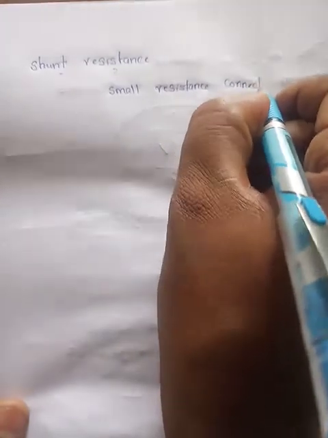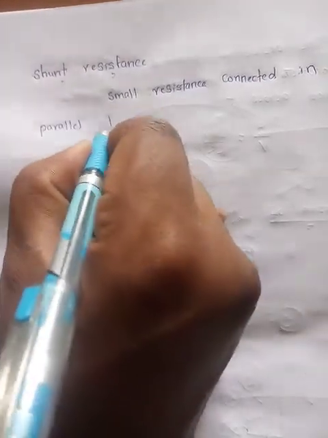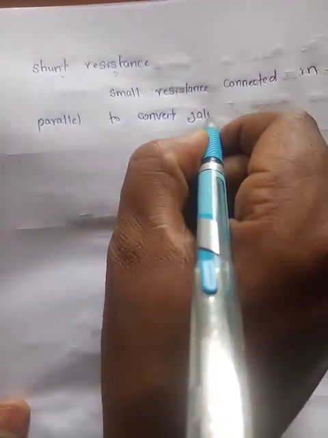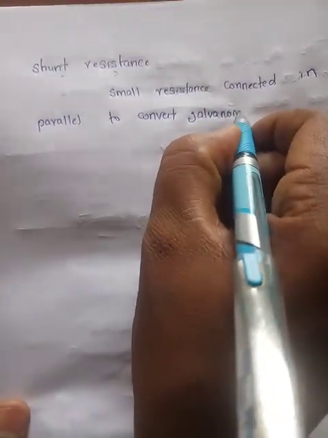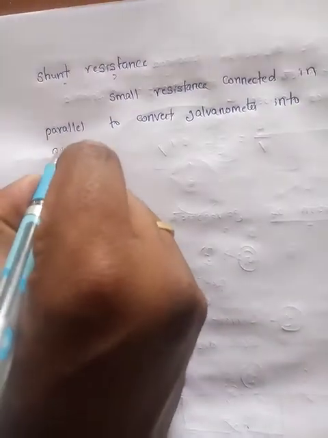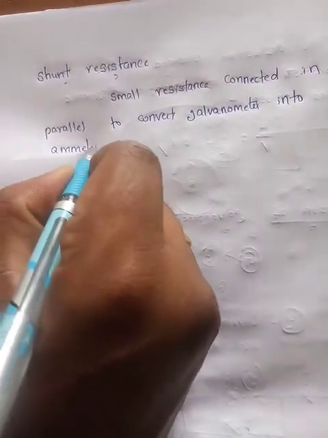A small resistance connected in parallel to convert a galvanometer into an ammeter is called shunt resistance.